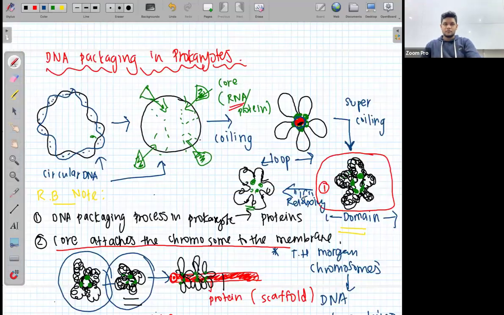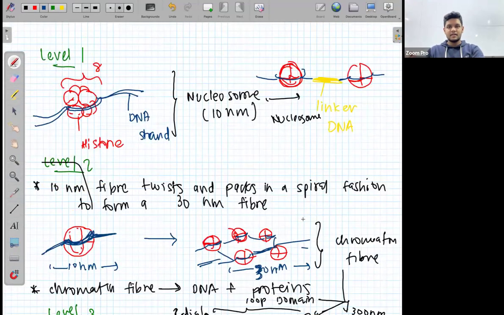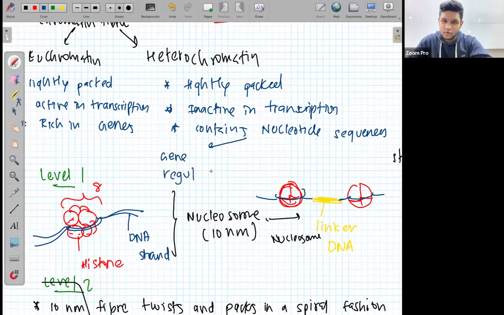Now, don't ask why the nucleotide sequences are present. They are given under the note that nucleotide sequences are present, and they have also given why those sequences are present: three functions. If they ask why those nucleotide sequences are present, you can mention these three functions. First, gene regulation. Second, epigenetic inheritance.